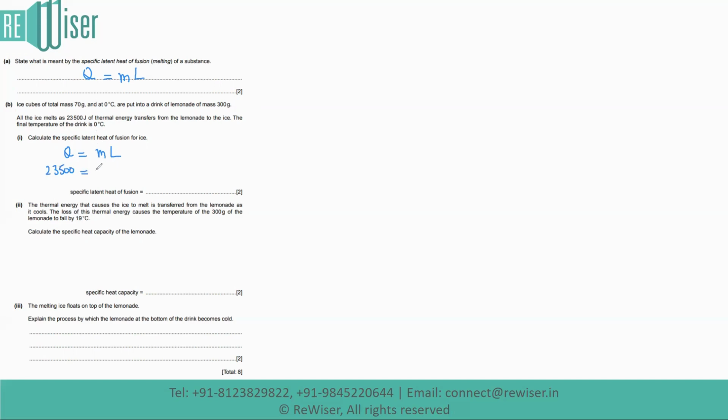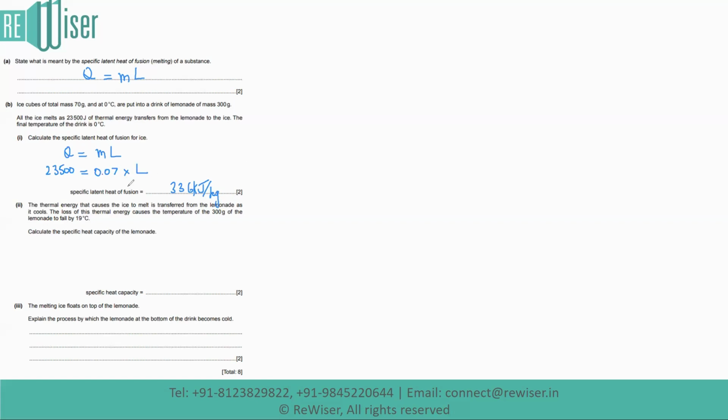M is given as 70 gram, in SI units which is 0.07 kilogram, times L. L is the value of specific latent heat, which can be found out to be 336 joules, or kilojoules let's say, per kilogram, or 336 joules per gram.